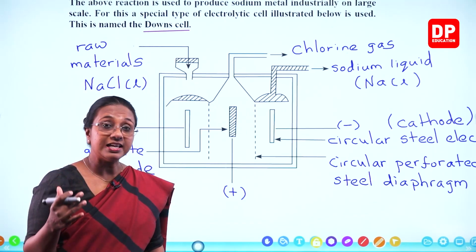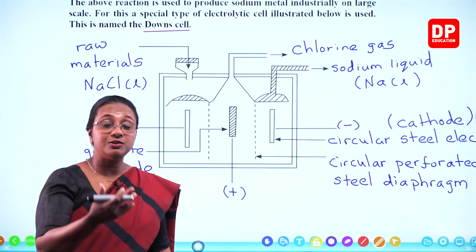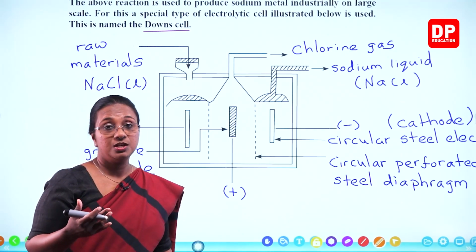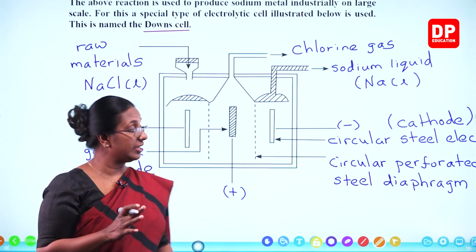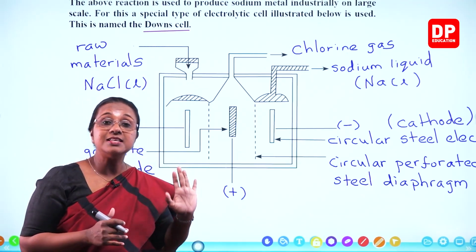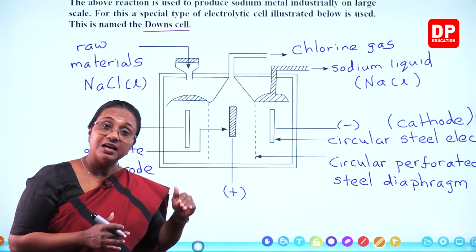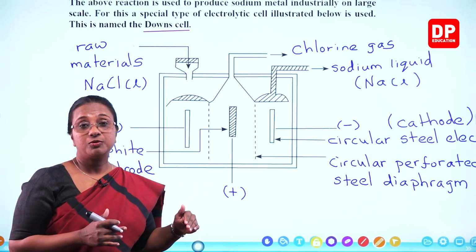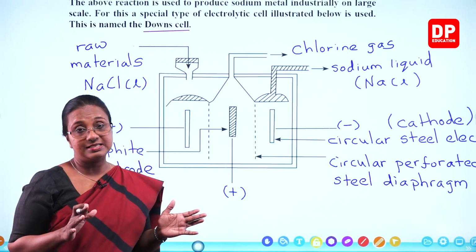That is a high temperature, and to achieve that we need to supply a lot of energy. To reduce that and make it more efficient, they mix calcium chloride with sodium chloride so that the melting point is brought down to about 600 degrees Celsius.